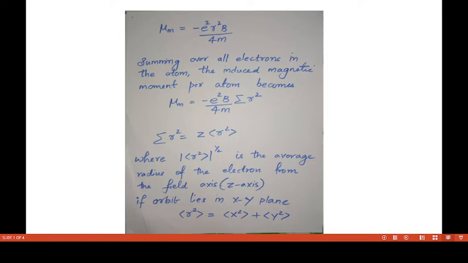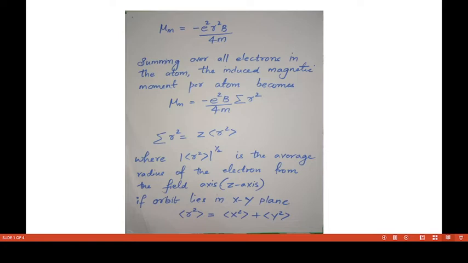And from this additional current we calculated the magnetic moment of each electron, of one electron, which is given here on the top. Magnetic moment, or the change in magnetic moment μm, equals minus e square r square B upon 4m, where B is the external magnetic field, e is the electronic charge, and r is the distance of the electron from the field axis, that is the z axis.